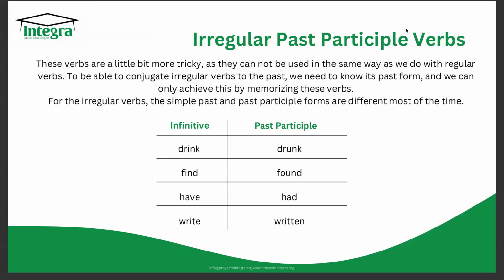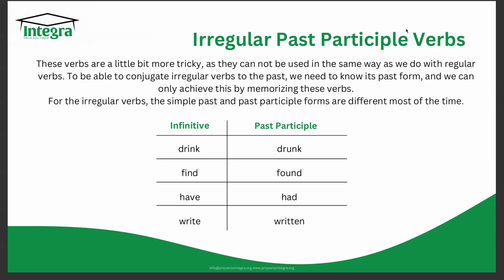That's the only way. And in the case of the irregular verbs, the simple past and the past participle are different a lot of the time. Not always. Sometimes they're the same, but for most of the time, they're usually different. We have, for example, drink, and the past participle is drunk.